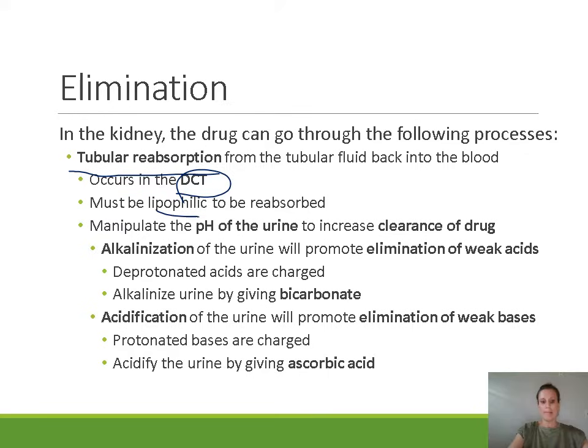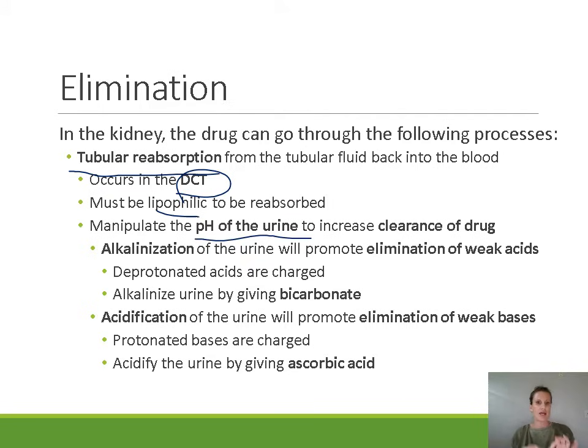Now, we can manipulate the pH of the urine in order to try and increase the clearance of a drug. Remember, changing the pH changes the state of the drug, whether the drug is going to be protonated or deprotonated. And you guys know that being protonated or deprotonated affects whether or not it's charged.